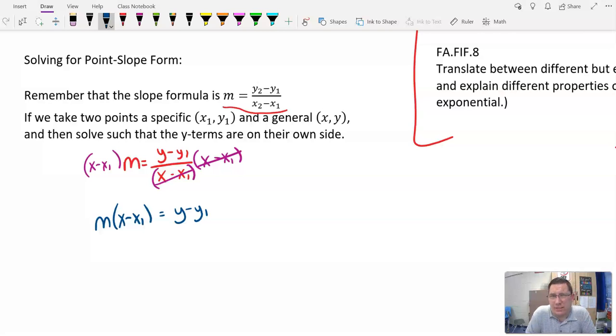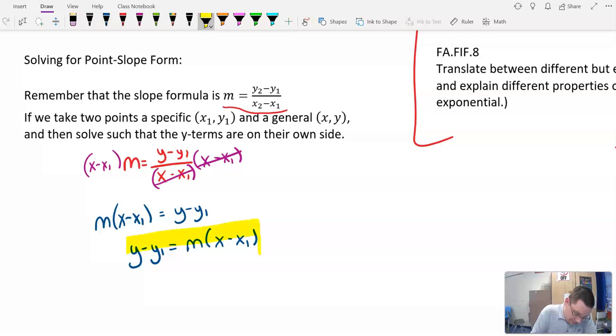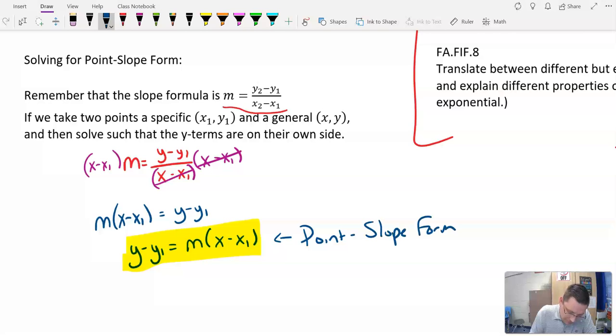Now, we normally like the y's to be on the left-hand side, and so flipping this around, y minus y sub 1 is equal to m times x minus x sub 1. This formula here is the point slope form.